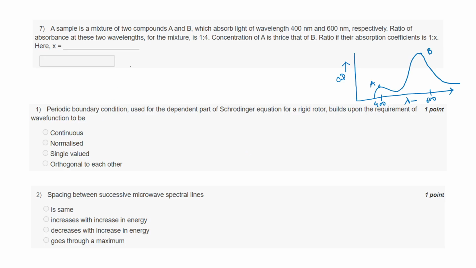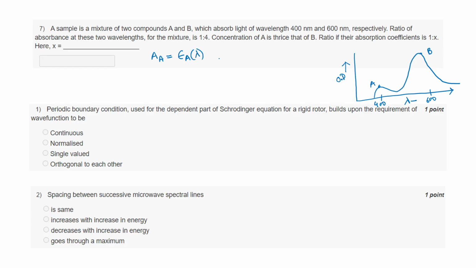So first of all, absorbance of A, there is something called the Beer-Lambert law. Can you recall what the Beer-Lambert law is? Epsilon C L. Yes. Is epsilon dependent on lambda? Of course, it depends.